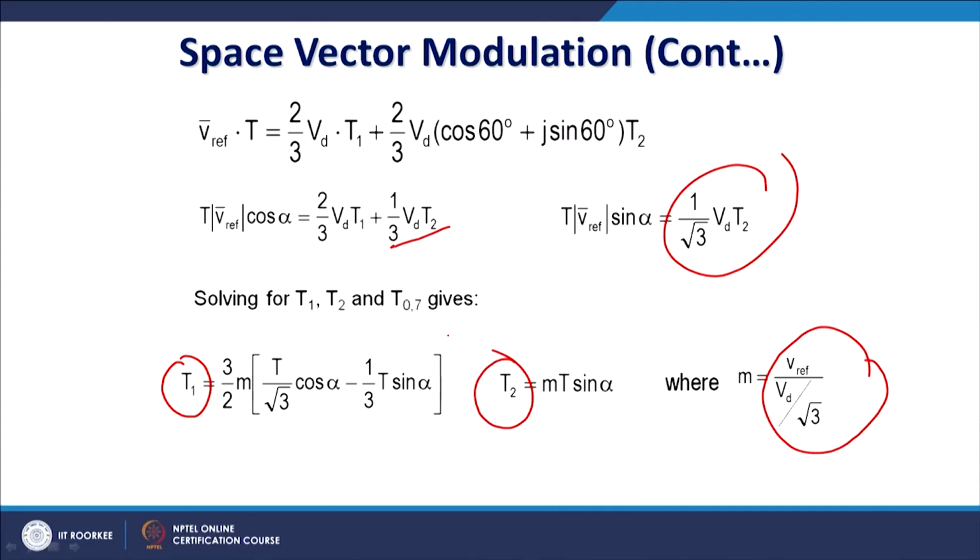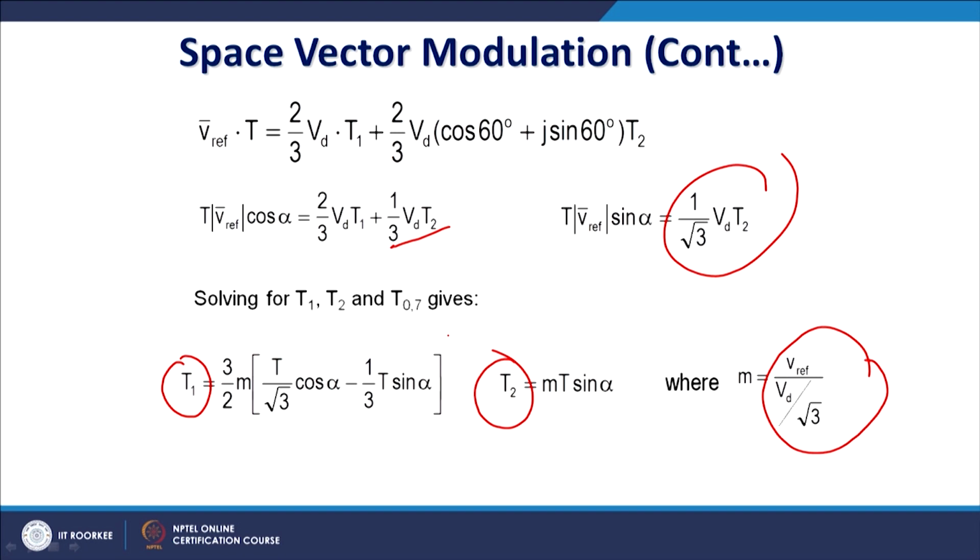Here it is Vref by Vd, but what you essentially get is 3 times more than the actual modulation index. So, this is one of the advantages, you can use your DC-link voltage better than the normal sine triangle PWM. So, this is the value of T1 and this is the value of T2.